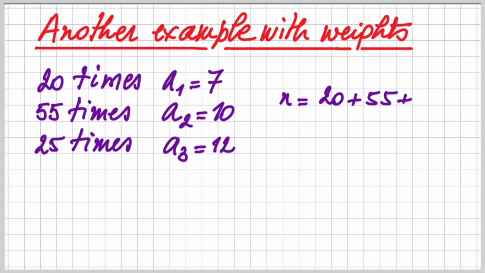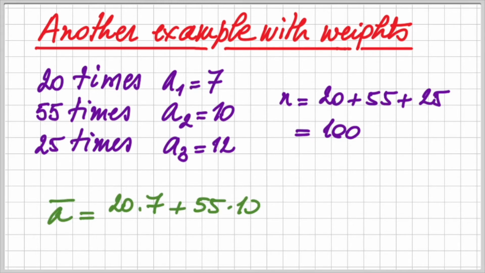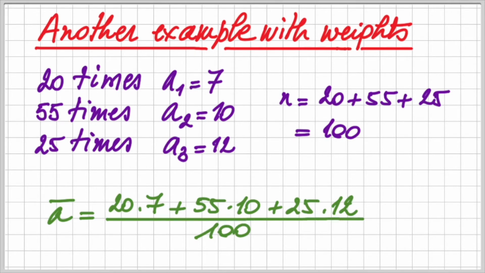Basically, we can say that the total numbers that we have is 20 plus 55 plus 25, which is equal to 100. And when we put this in the equation, we find 20 times 7 plus 55 times 10 plus 25 times 12 divided by n, which is in this case 100.